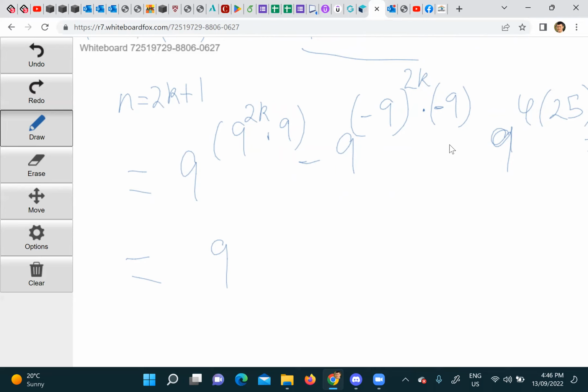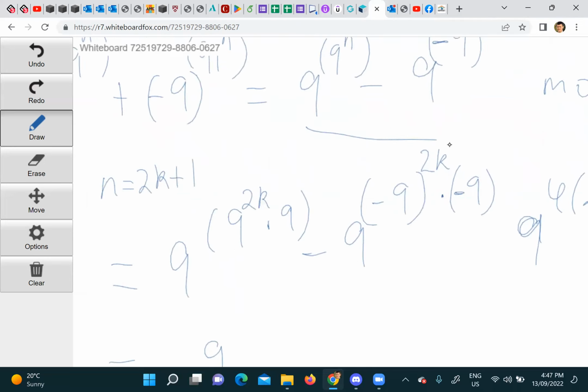And because you're putting negative 9 to an even power, it'll be a positive 1. And there's no way of adding two numbers that end in a 1 to produce a number that's divisible by 100. You always have a 2 at the end.